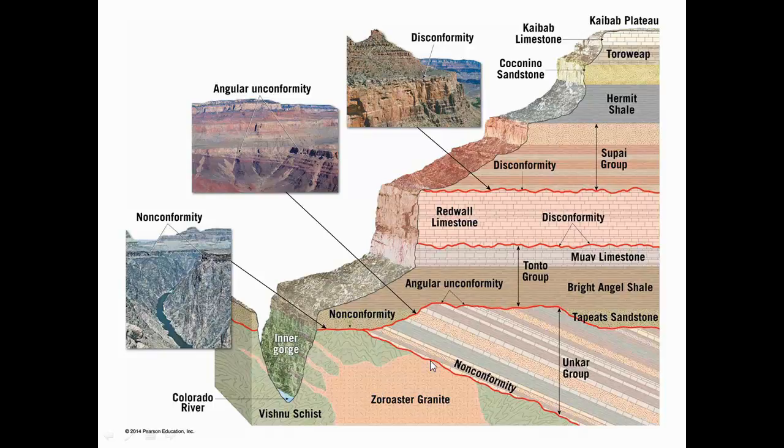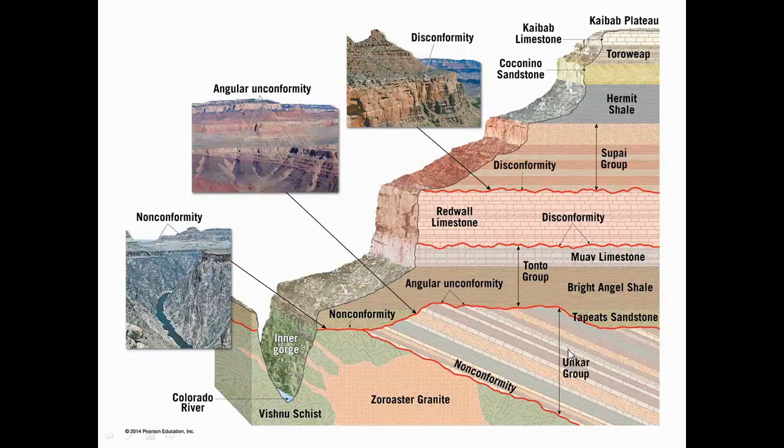And to the right, we have this wavy, heavy red line, which is labeled nonconformity. The reason it's called a nonconformity is because it's underlain by both igneous and metamorphic rock, and we have layered sedimentary rocks occurring above.